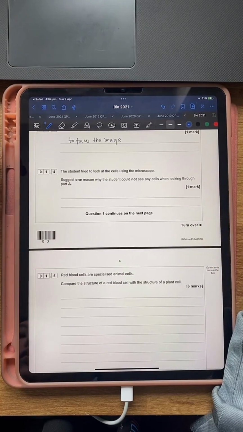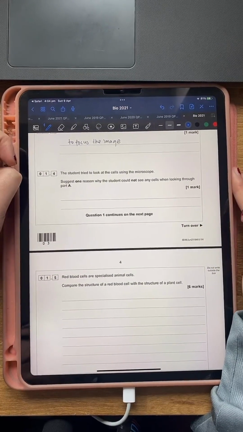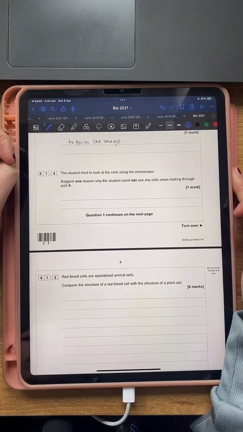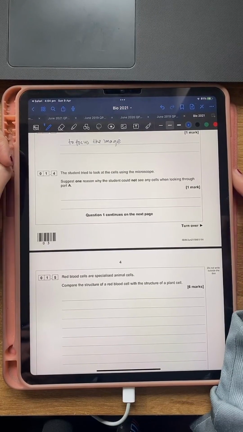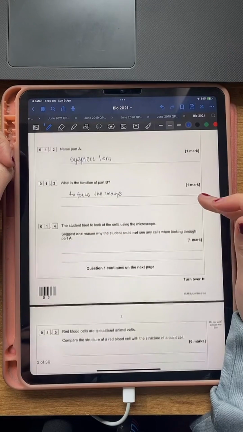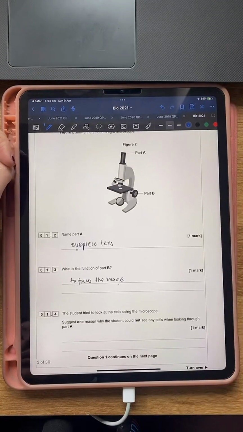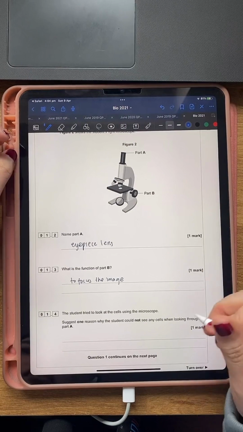The student tried to look at the cells using the microscope. Suggest one reason why the student could not see any cells when looking through part A. No cells in field of view, yep.